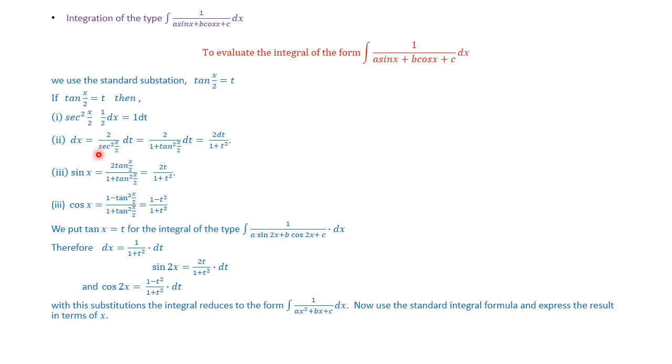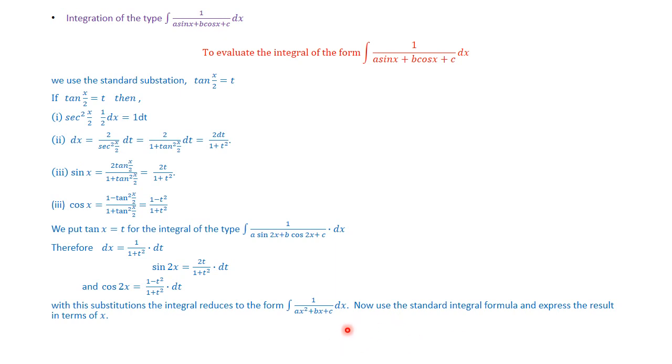In this way we have dx, sin x and cos x, and they are all now in a uniform variable, that is t. Now substituting these values in the given integral, it reduces to the form ax square plus bx plus c.